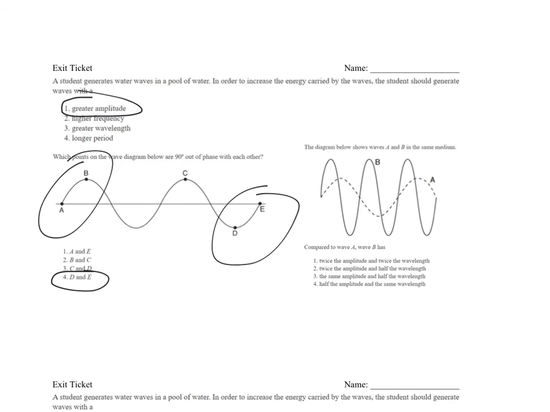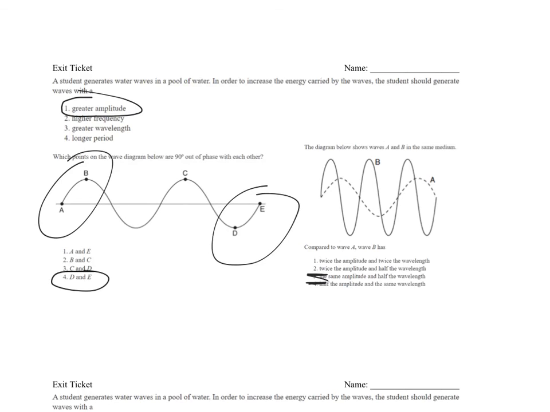Now we're comparing waves A and B. A is the shorter dotted line, B is the taller solid line. So compared to A, wave B has... if we just think right away, wave B definitely has more amplitude. So we can eliminate choices 3 and 4. Now we think to ourselves, okay, it has twice the amplitude, that sounds all right.